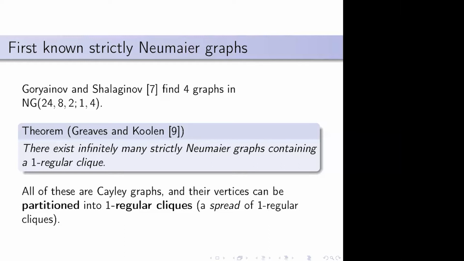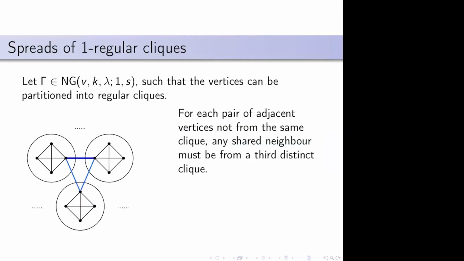And so, why are a spread of one regular cliques interesting? Well, we've already seen this, but maybe I'll give some motivation behind it, maybe a bit of a different perspective.